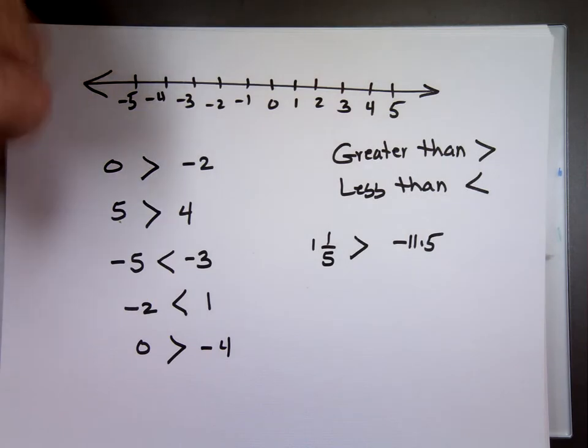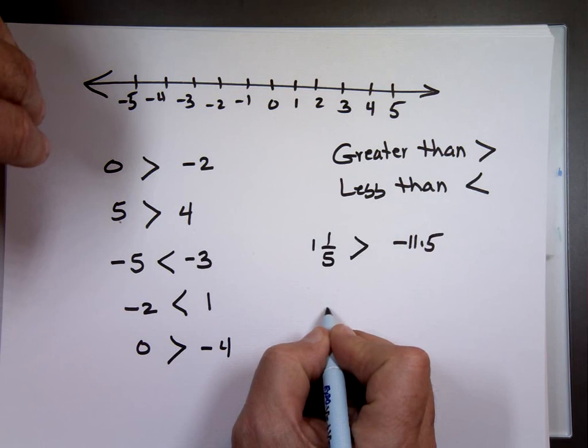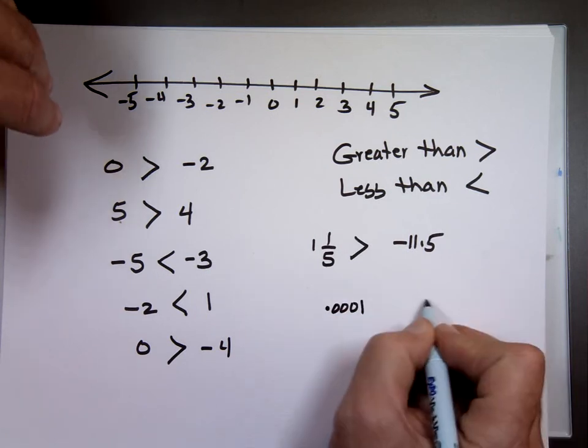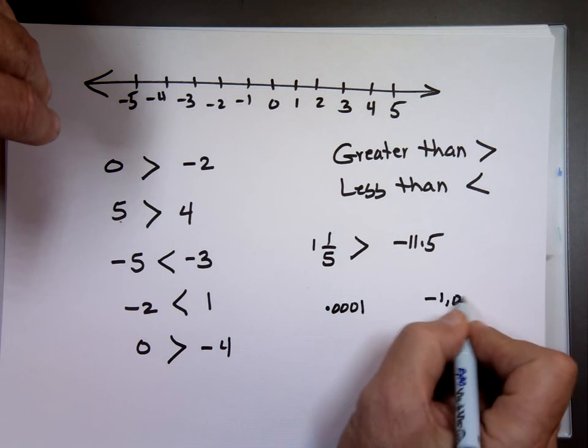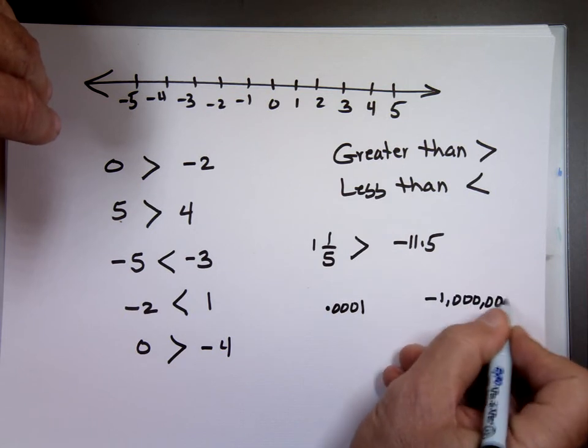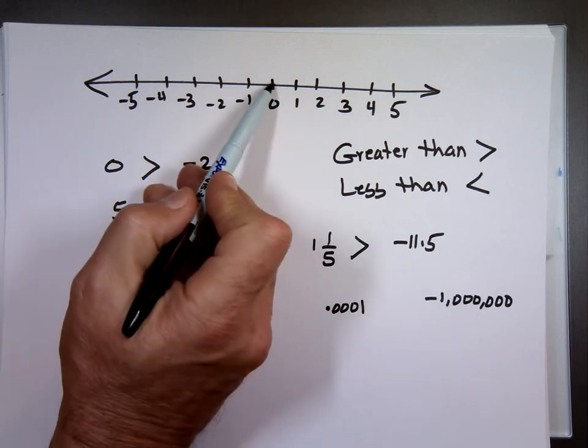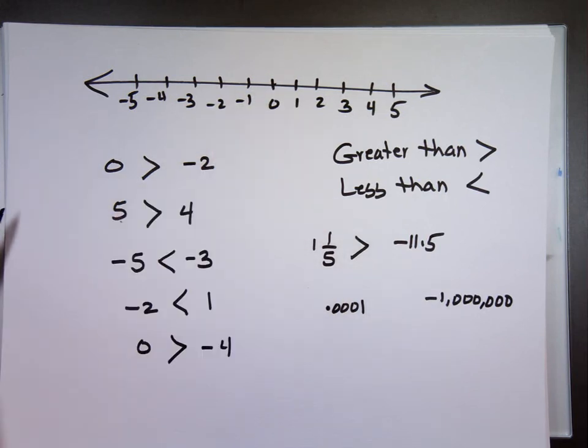I could have given you 0.0001, and on this side, negative 1,000,000. The 0.0001 is right after the zero, somewhere right here, next to the zero. And where's the negative 1,000,000?